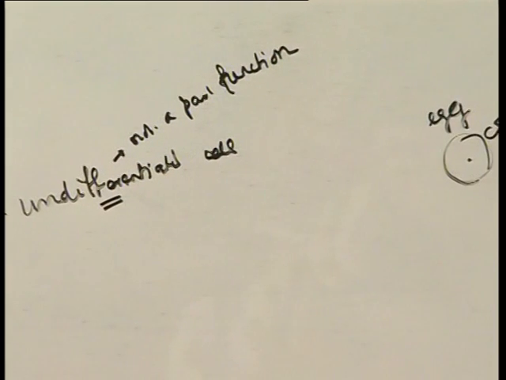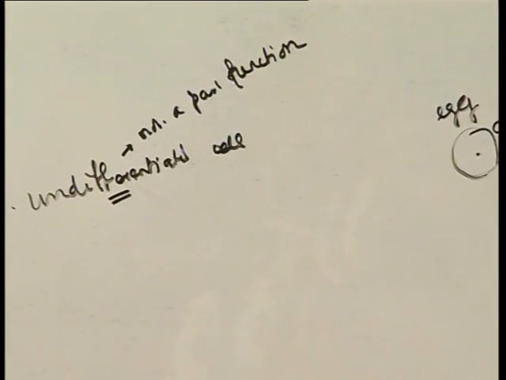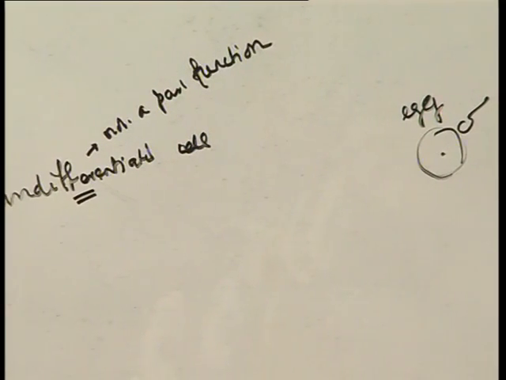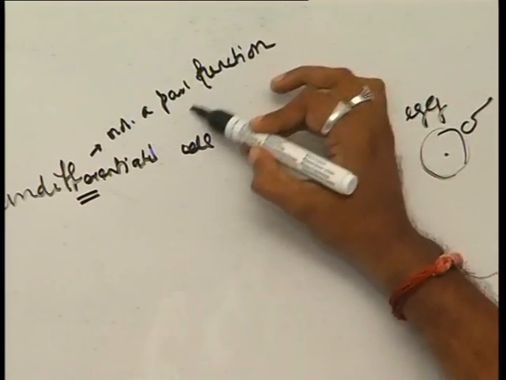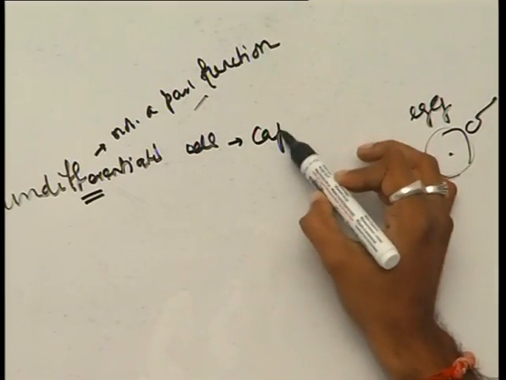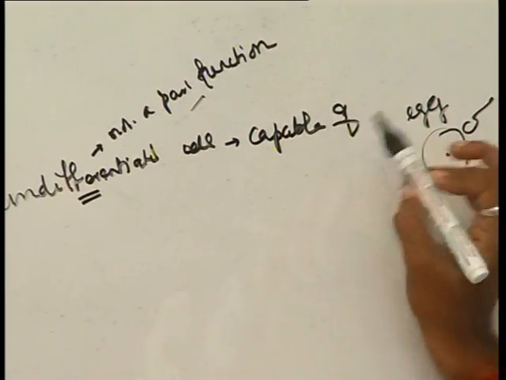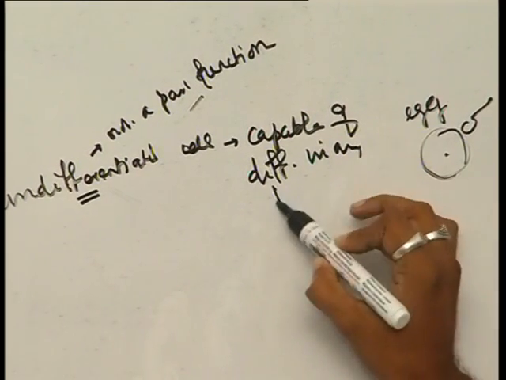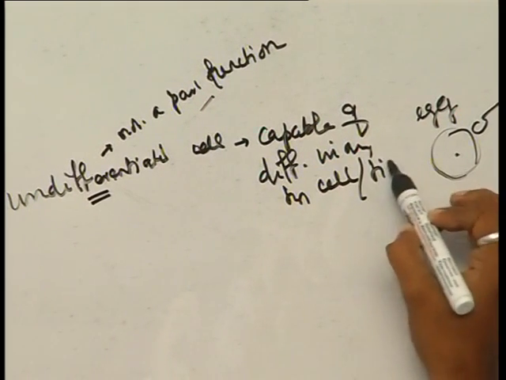An ectodermal cell here is not doing any particular function, though it wanted to become a bone or skin or brain or whatever. It's not doing a particular function at present. An undifferentiated cell is capable of differentiating into any type of cell or tissue.